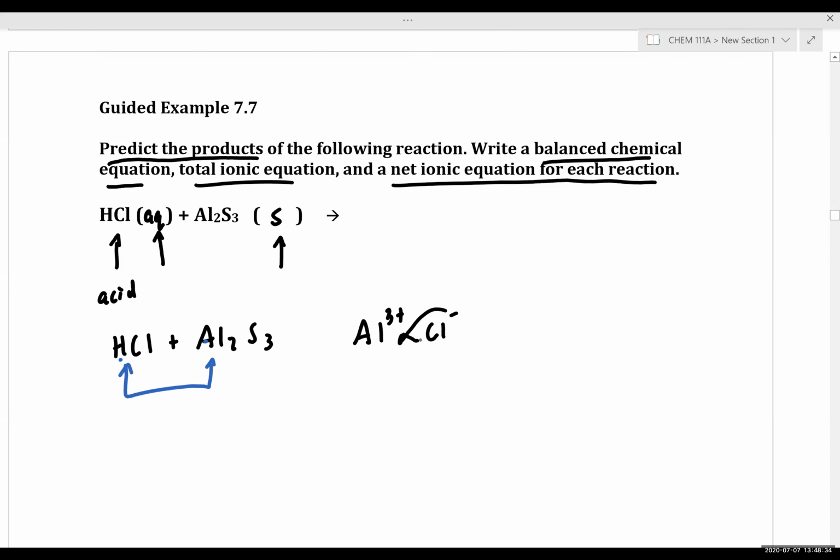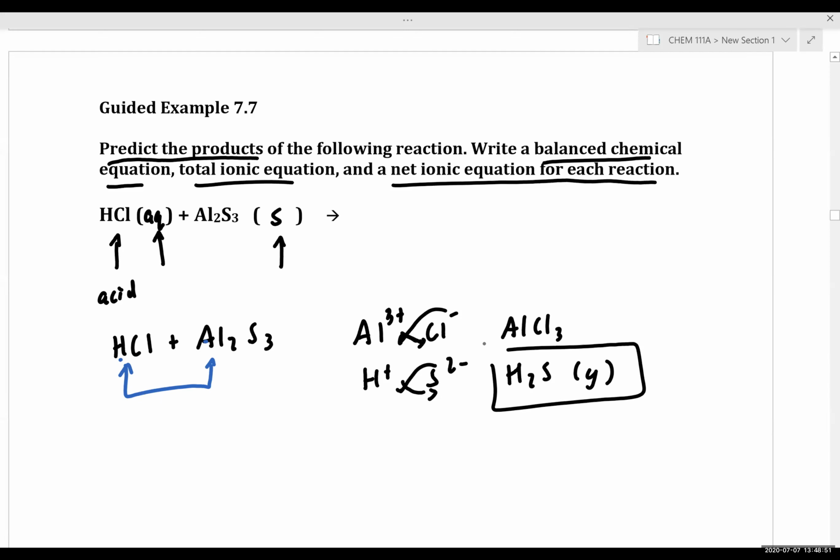If we cross our charges, that gives us aluminum chloride. We have H+ and sulfide. If we cross our charges, that gives us hydrogen sulfide. And immediately I think to myself, okay, this reaction is going to generate a gaseous product.